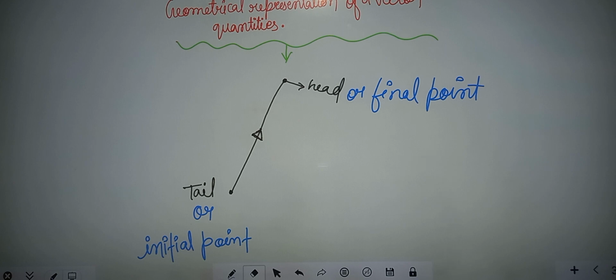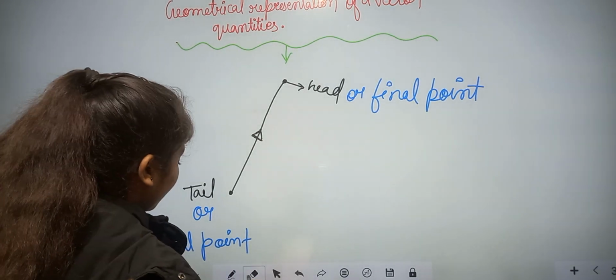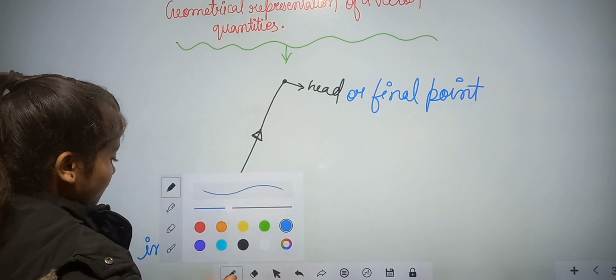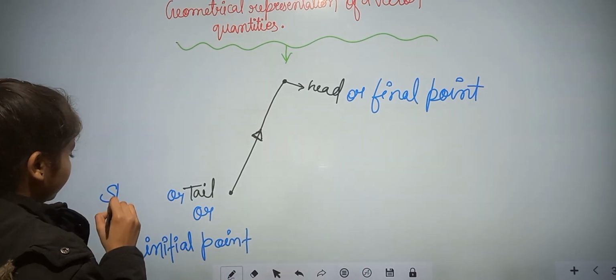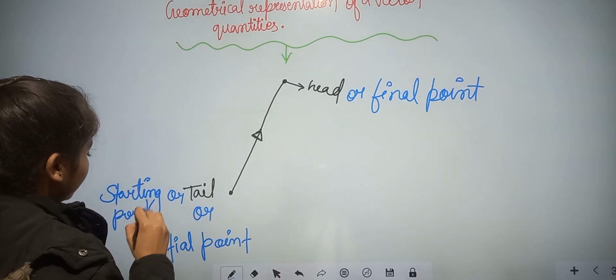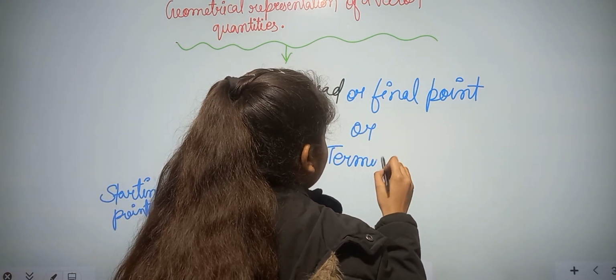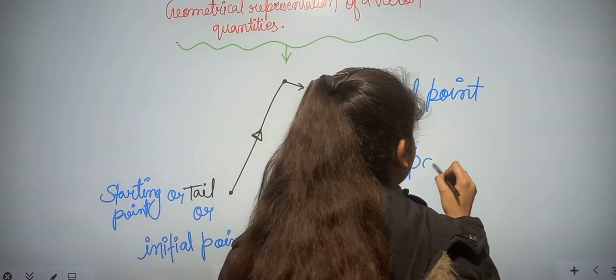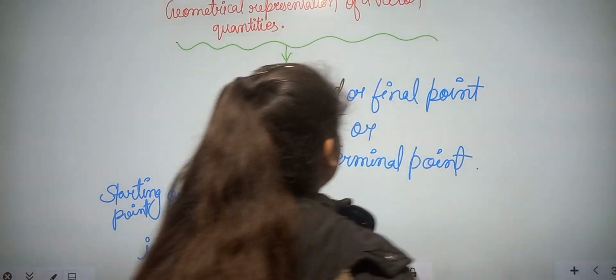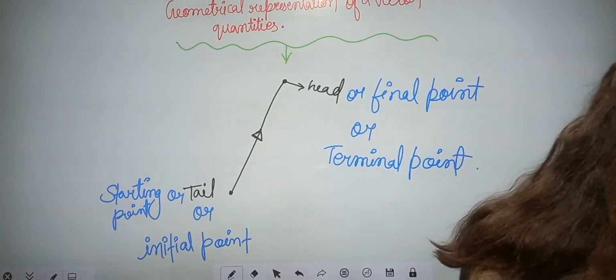Okay, and we can also say this point is called starting point, and this one is called terminal point. Okay, so I hope you understand how to represent vector quantity in the form of geometry. Okay, so let's move further.